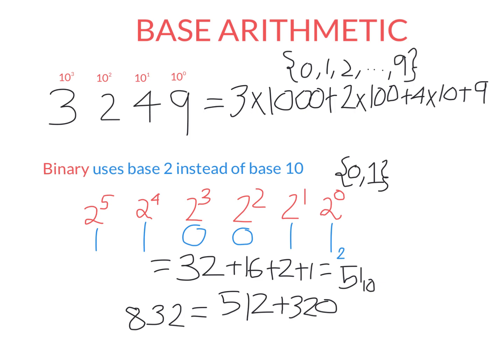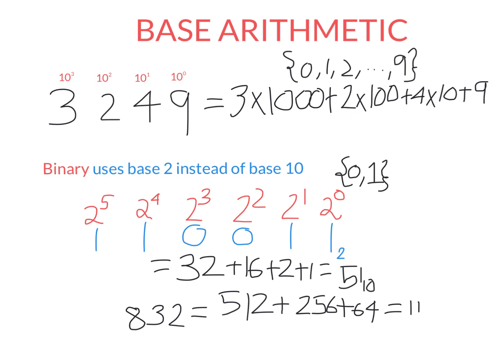Of course, 320 isn't a power of 2. So I'm going to write 320 as the sum of powers of 2. So it is 256 plus 64. So I've written 832 as the sum of powers of 2. So I put a 1 in the 512 column, a 1 in the 256 column.